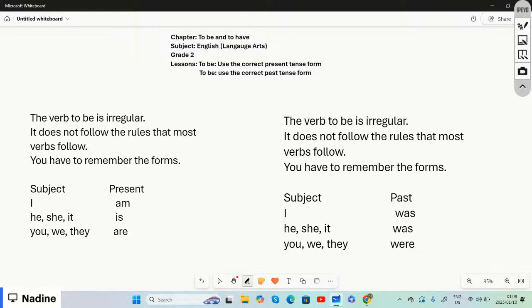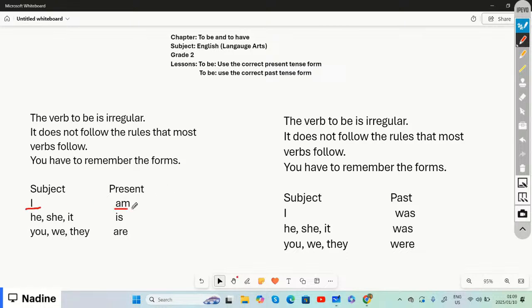So you're going to say I am. It's like saying I am, let me see, the age with the grade. I am 7 or 8 years old.